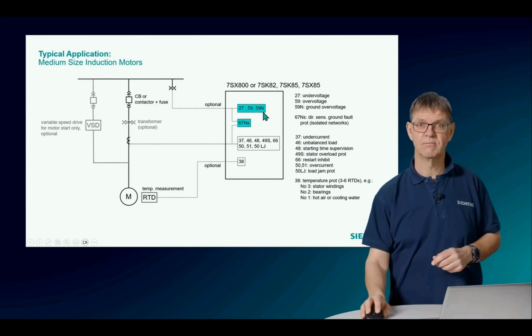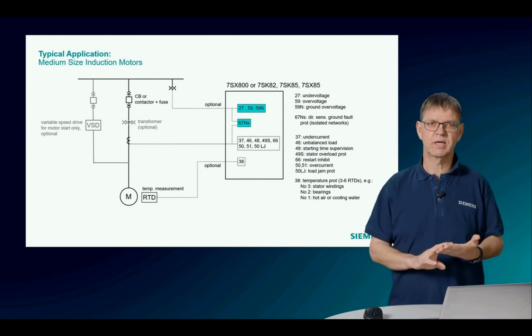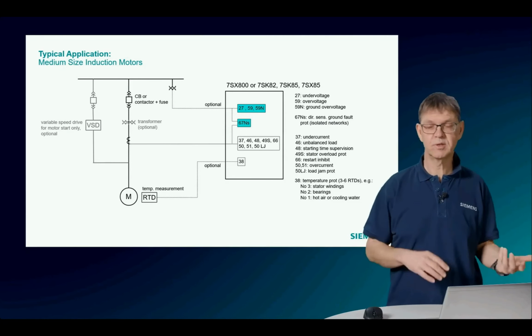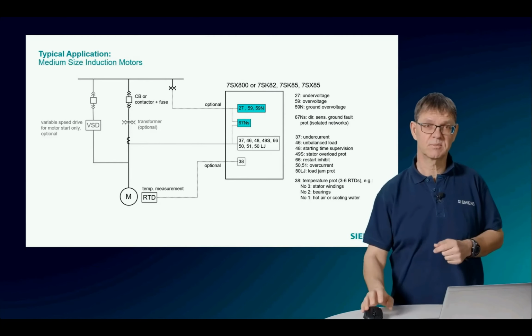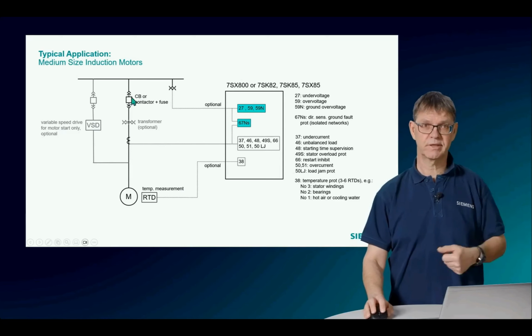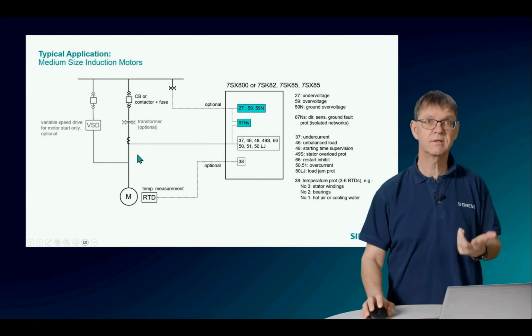Therefore, it's also mentioned here. Additionally, the motor can be started via a VSD, variable speed drive, sometimes called variable frequency drive, to start up. And then it is switched directly onto the bus bar where the speed drive is not needed anymore.